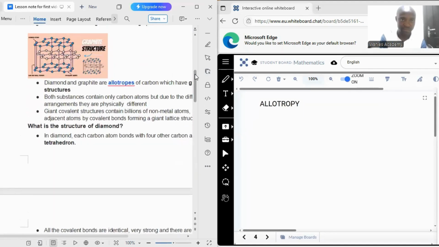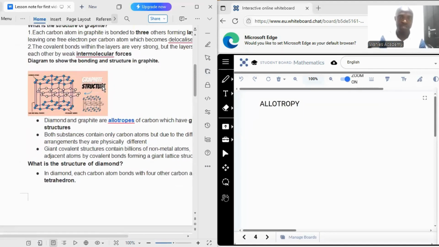Graphite mostly exists in layered form, where the carbon atoms form 6-sided hexagonal rings in such a way that they eventually create a honeycomb-like structure, looking like the honeycomb of the honeybee.